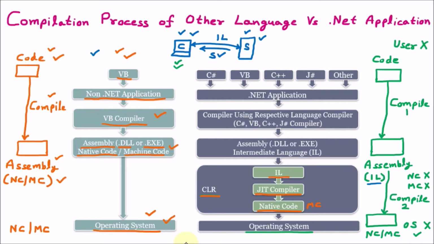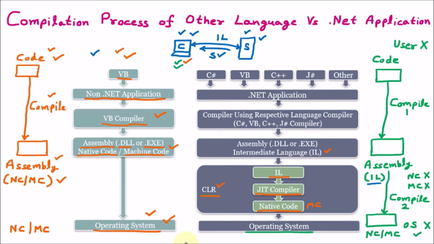So similarly, if you are downloading an intermediate language, then you need the CLR. Only if you are having the CLR in your system can that intermediate language work. Similarly, if the client wants to run the intermediate language, the client should be having the CLR. Or if you talk about the Java, if you want to run the bytecode, then you need the JVM, Java Virtual Machine.